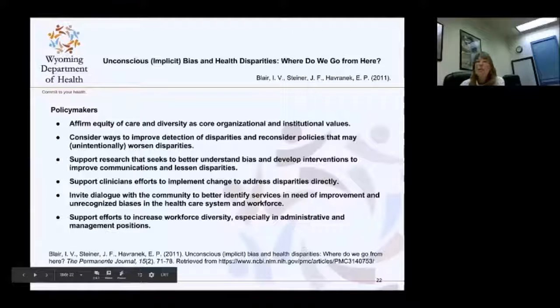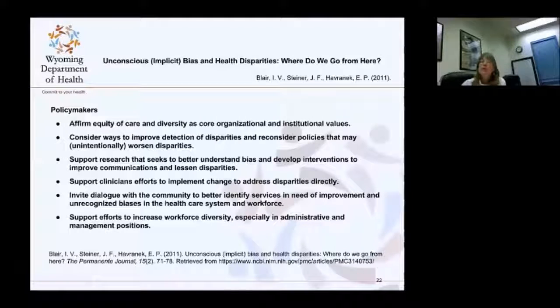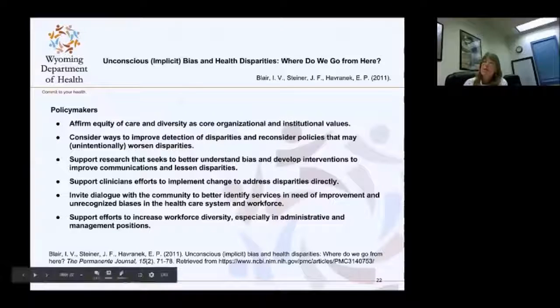If you're a policymaker, affirm equity of care and diversity as core organizational and institutional values. Consider ways to improve detection of disparities and reconsider policies that may unintentionally worsen disparities. Support research that seeks to better understand bias and develop interventions to improve communications and lessen disparities.